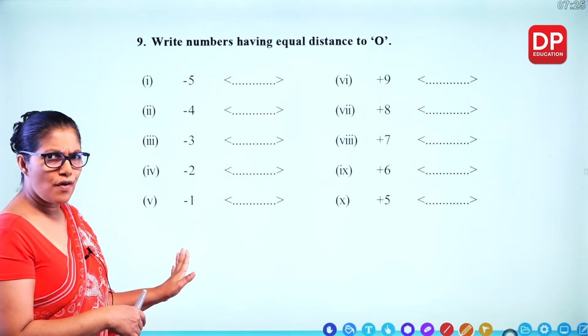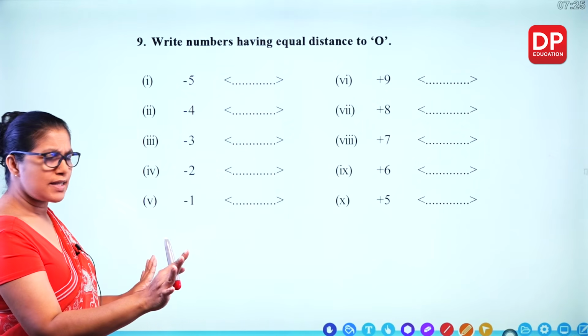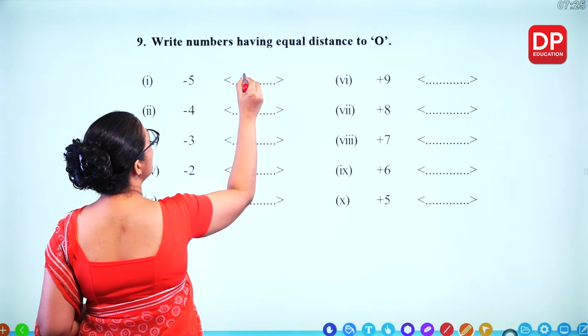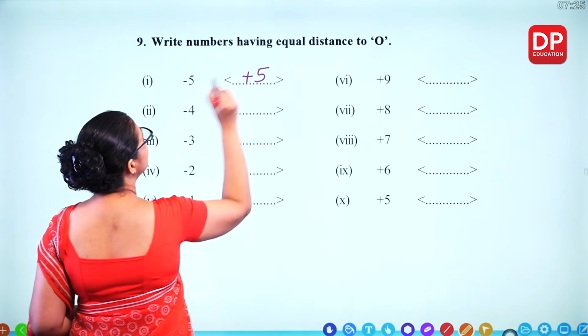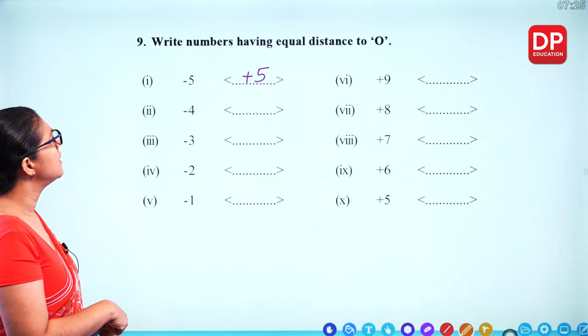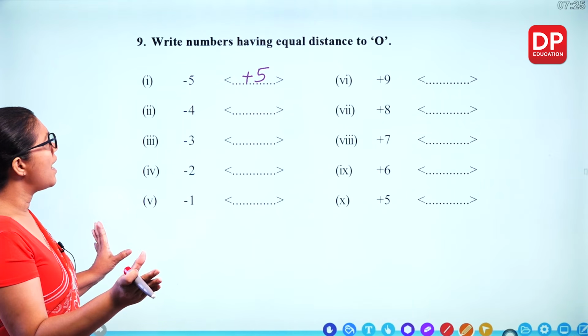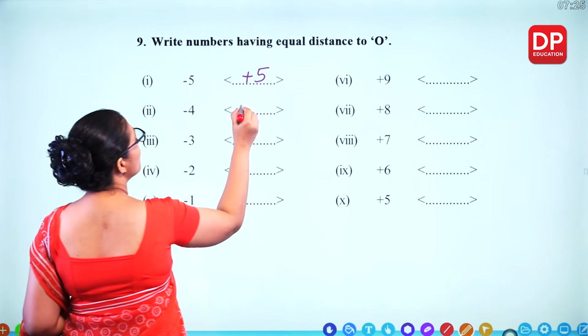If it's minus 5, what should be the additive inverse? That's plus 5, equal distance. Minus 4, what's the value? Minus 4 is same as plus 4.